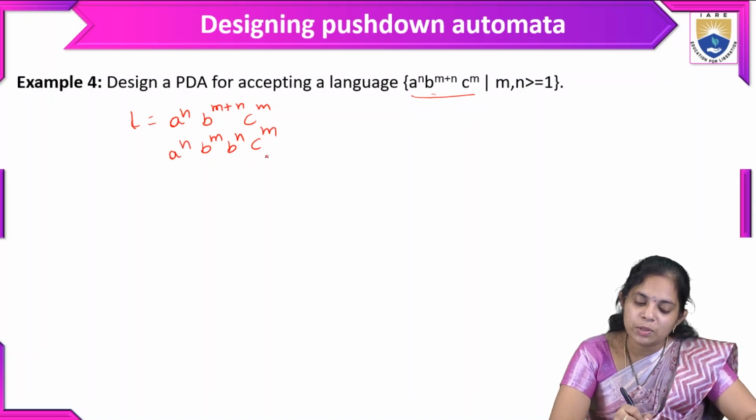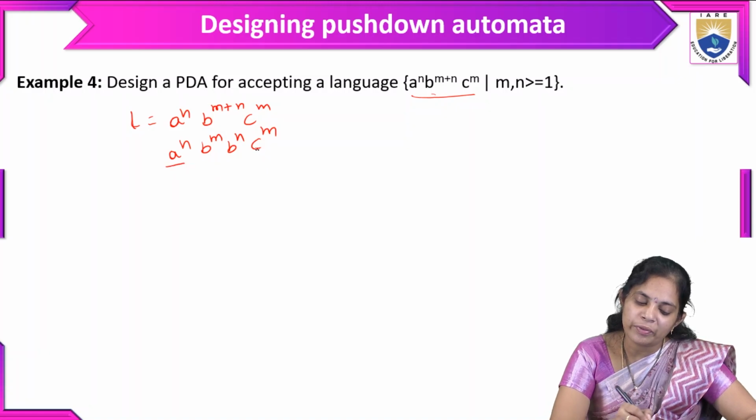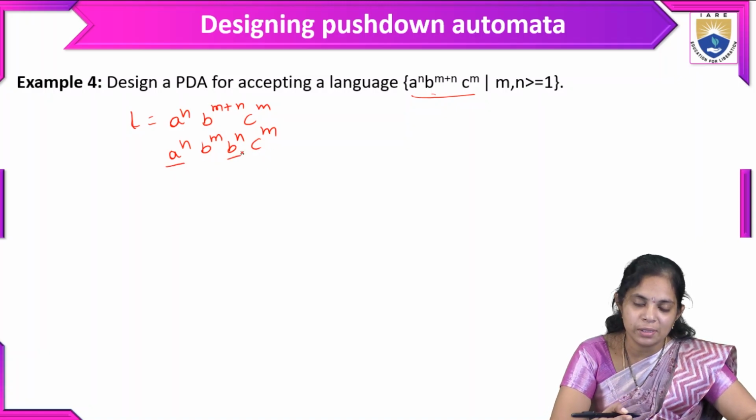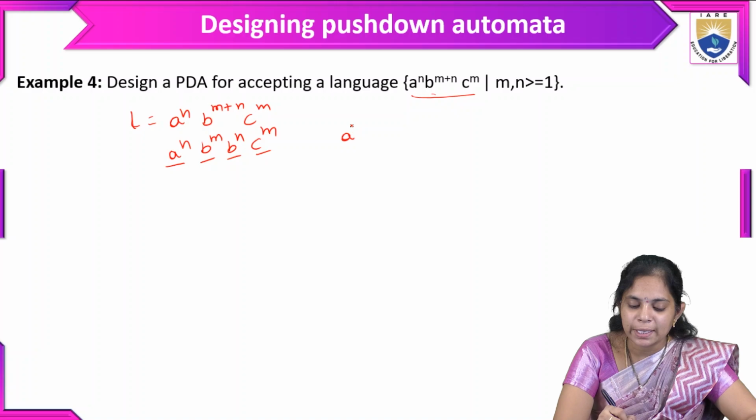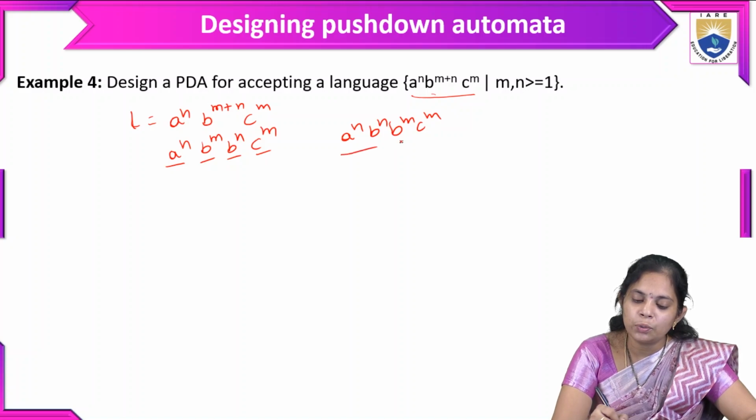If you observe, there is a pattern: n number of A's followed by n number of B's, and m number of B's followed by m number of C's. So I will write it as A power n, B power n, B power m, C power m. These are the two different things.